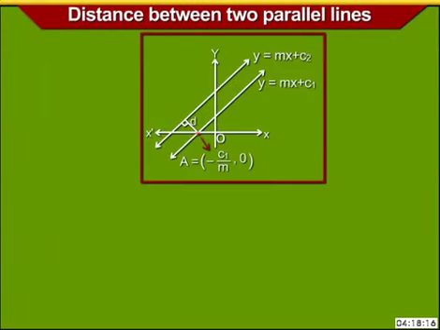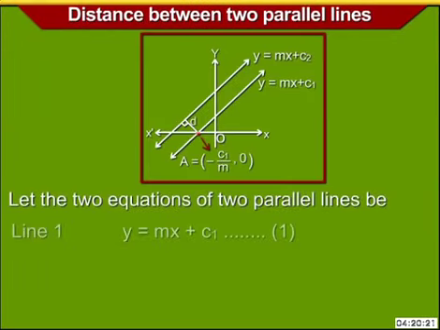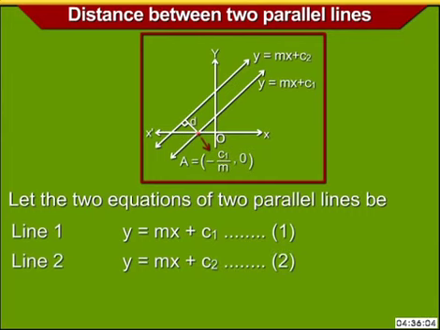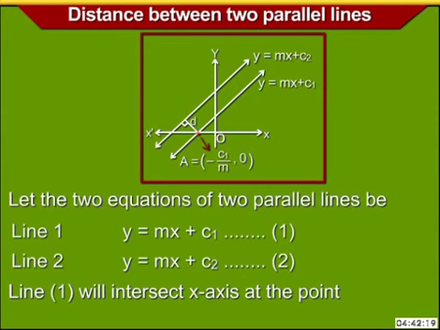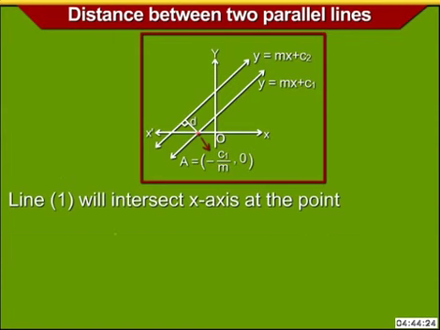Now we will learn how to find the distance between two parallel lines. Let two equations of two parallel lines be: for line L1, y is equal to mx plus c1. Let it be equation number 1. And for line L2, y is equal to mx plus c2. Let it be equation number 2. Line 1 will intersect x-axis at the point A, having coordinates minus c1 upon m and 0.